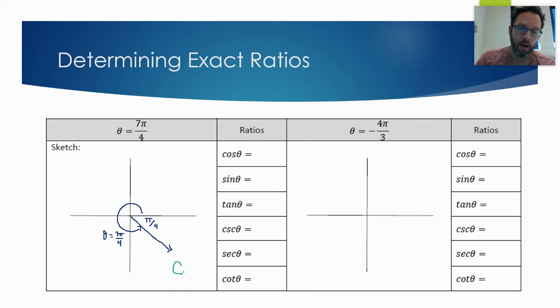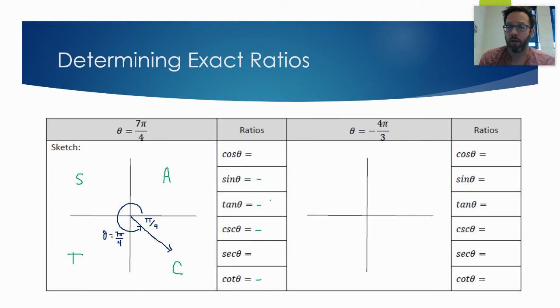So I'm going to write down the CAST rule here, CAST. So right away, we know that the sine will be negative, the tan will be negative, right? Because we're in the cosine quadrant. The reciprocals of those, cosecant and cotangent, will be negative as well. So just pop in the negatives.